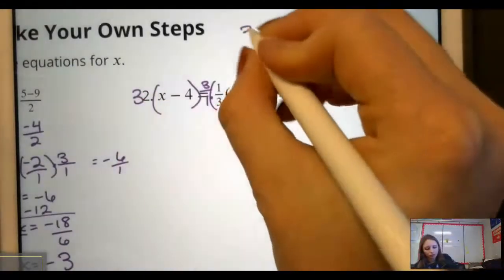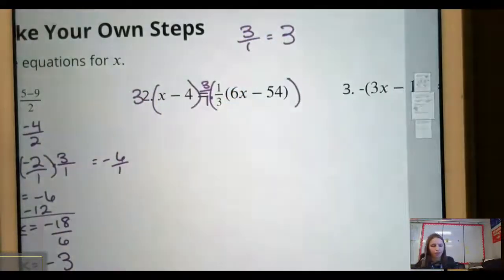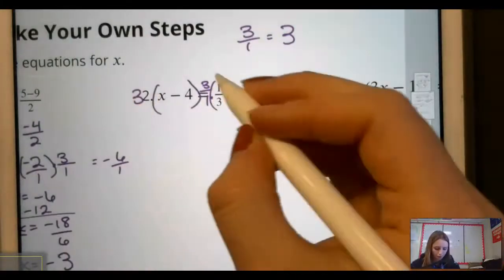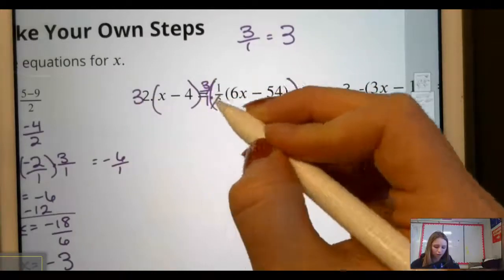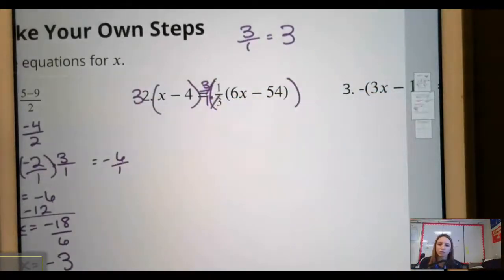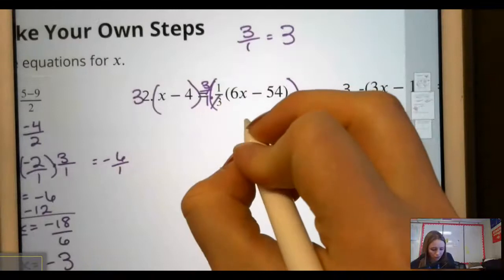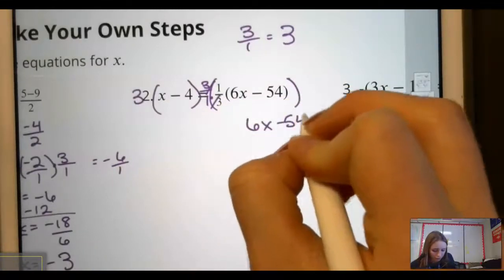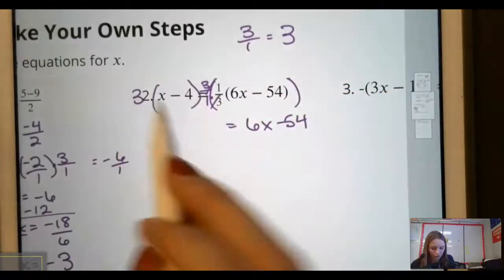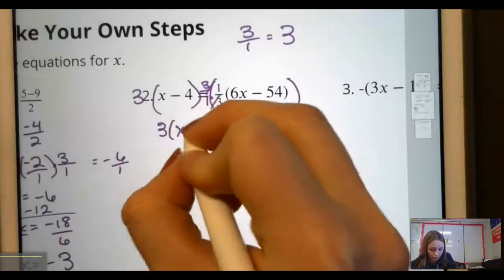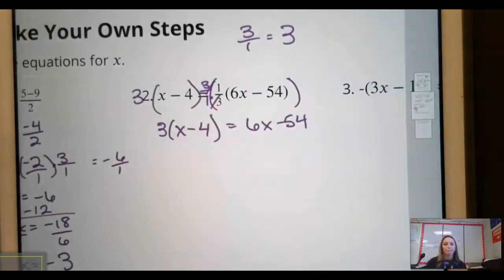Now remember, 3 over 1 is the same as just saying 3. So I'm just going to write 3 on the left here. So 3 times 1/3 reduces to 1. So on the right, I have 6x minus 54. And on the left, I have 3 parentheses x minus 4.